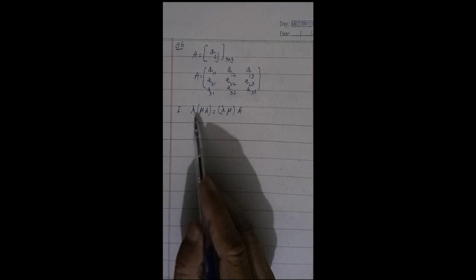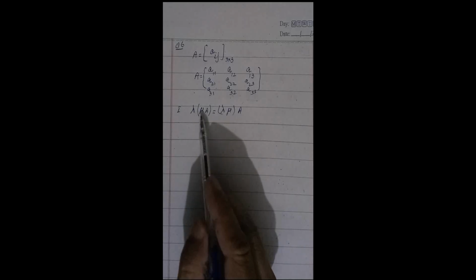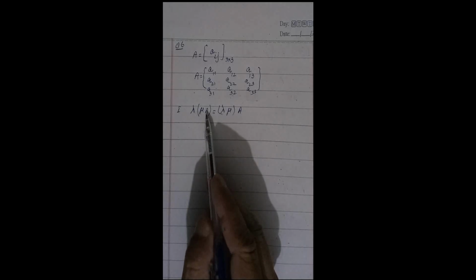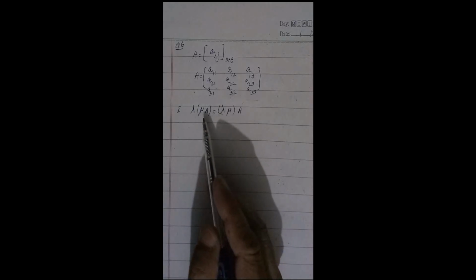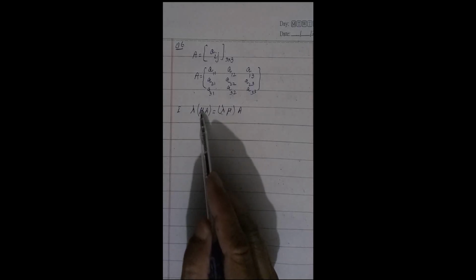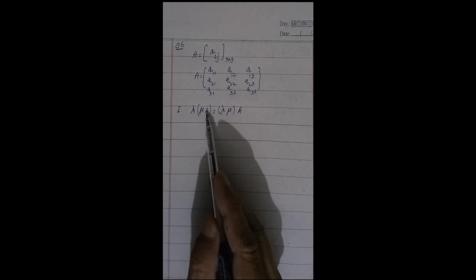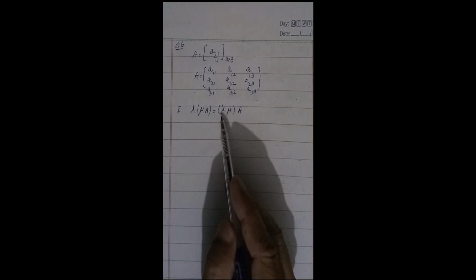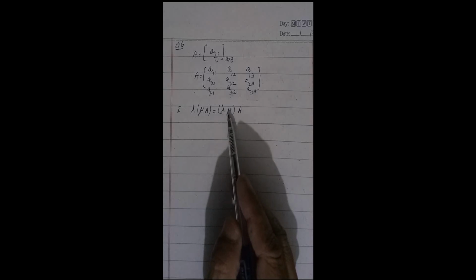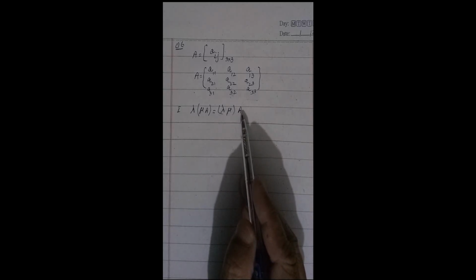In this question, we multiply mu into the A matrix, and it is a standard multiplication. At the same time, we know the rule: we solve mu and the A matrix first and then multiply by lambda on the left side, and on the right side we multiply lambda and mu and then multiply by the A matrix.